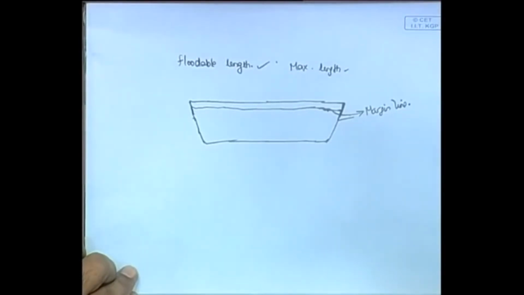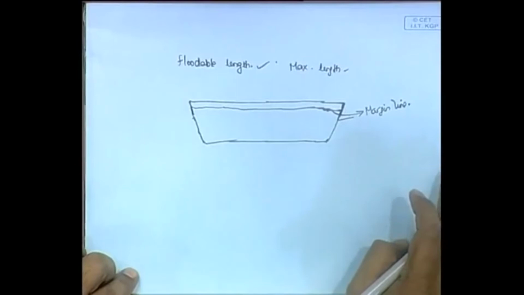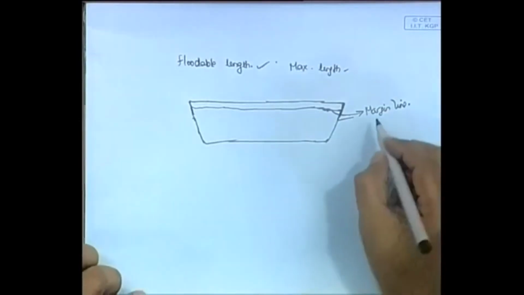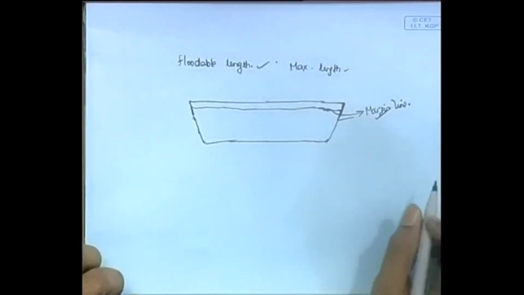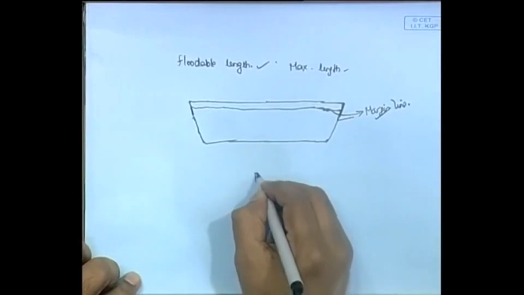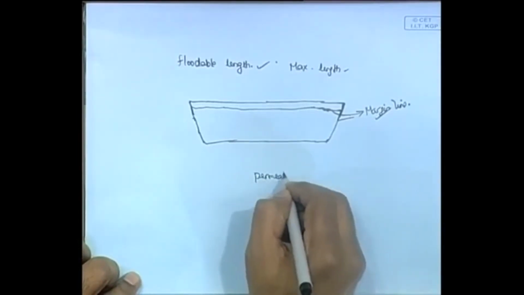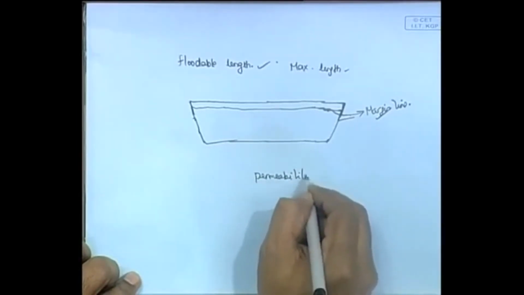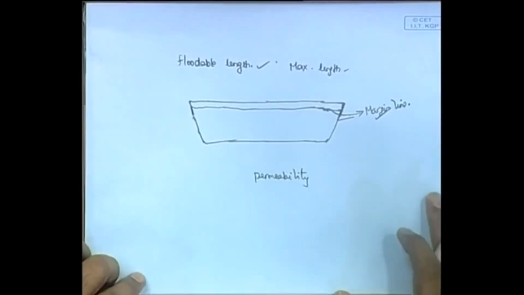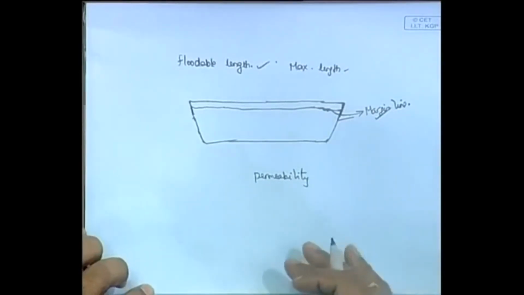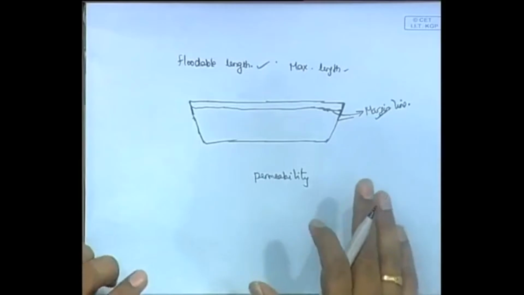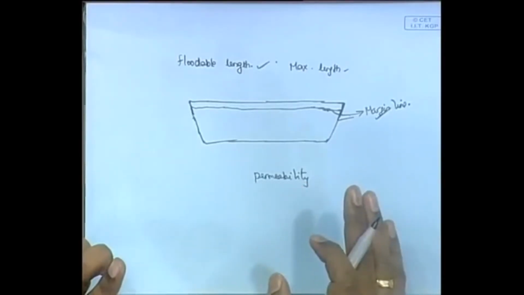Okay. Now another term that is used, along with floodable length, is a word called permeability. The word is used in many contexts, even in naval architecture it is used in many places.